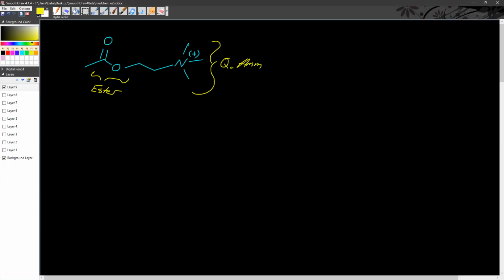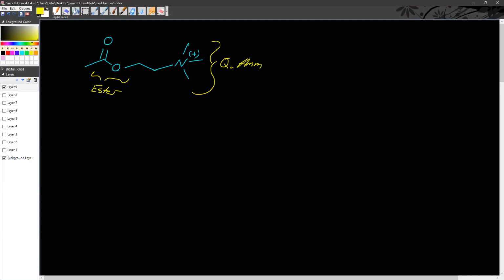Because of this, all of our drugs that we're going to look at today have to, in some way, mimic the function of acetylcholine in order to get to the synapse where acetylcholine acts.